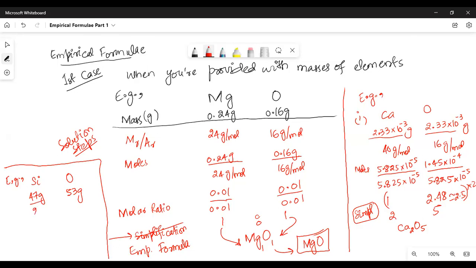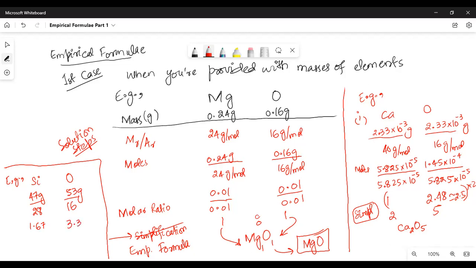So we are supposed to divide this by 28 and this by 16. Answer to Si was 1.67. All right. And what about this one?